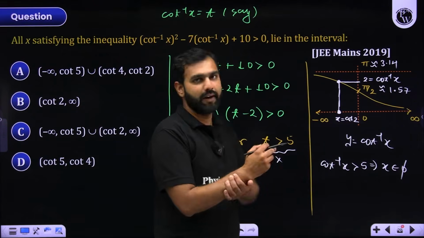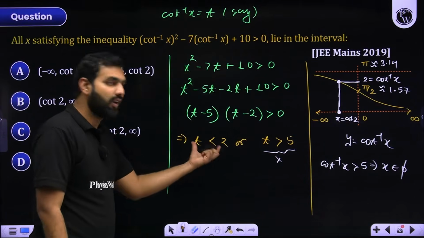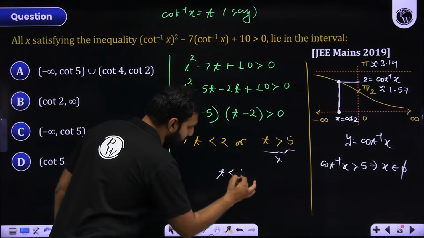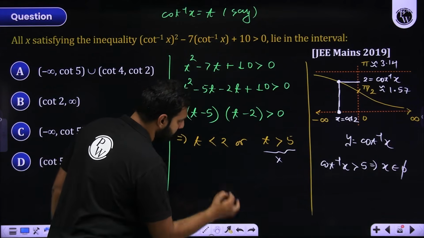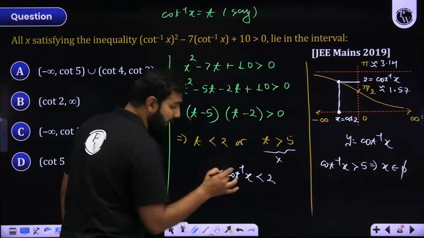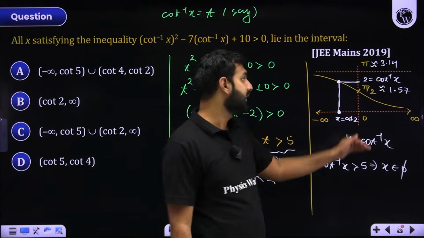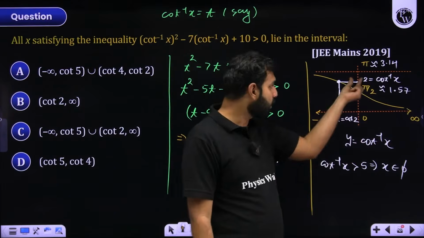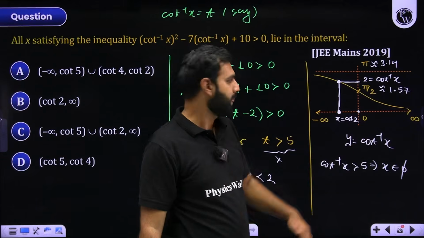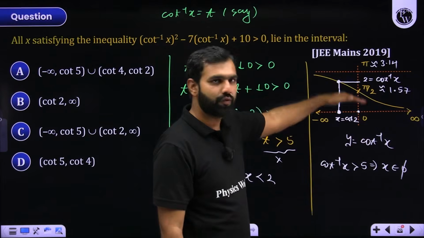So here what I'm trying to say is that somebody is telling us that t should be less than 2. So I'll say yes, t should be less than 2. T means cot inverse x should be less than 2. But what I also know is that it is always greater than 0 as well, because the minimum value of cot inverse x is 0.